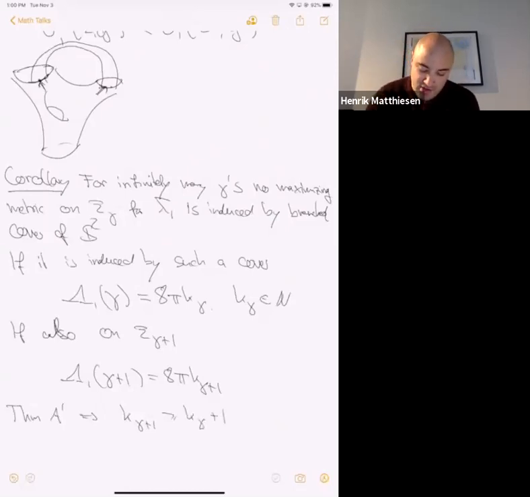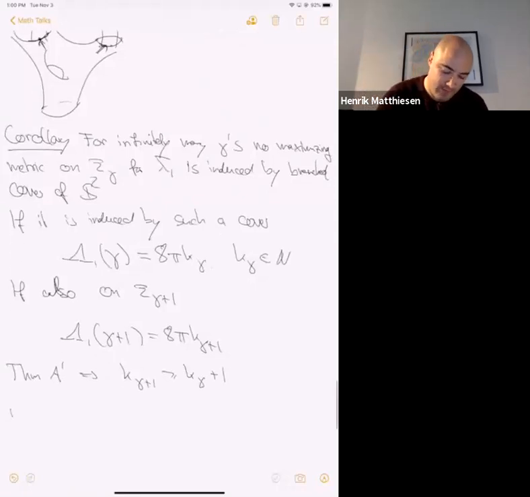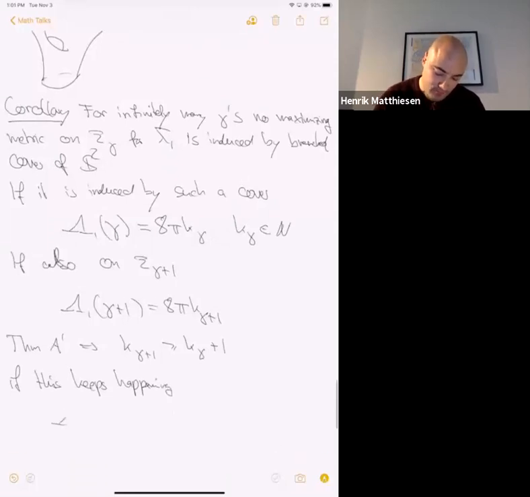Okay, but now you see if this keeps happening over and over again, then you would get that this quantity here grows at least like 8 pi times the genus.